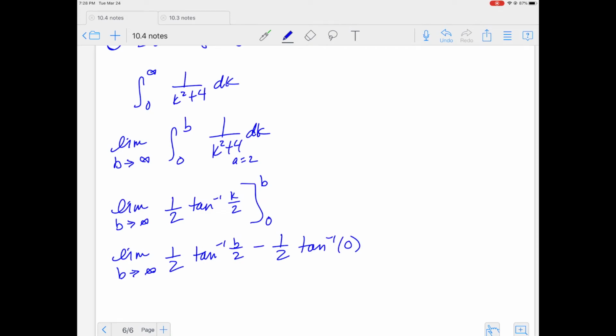All right. So then I look at my inverse tangent here. The inverse tangent of 0 is 0, right? Because on my unit circle, what angle measurement is going to give me 0? So I know that this goes to 0. All right. So now I just have the inverse tangent. What happens when my limit of inverse tangent approaches infinity? Do you remember what that graph looks like?